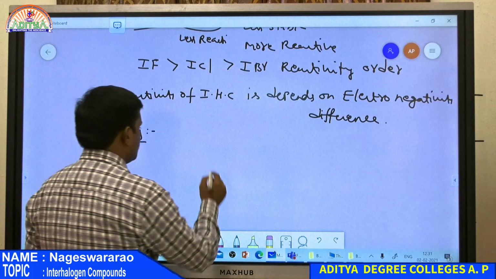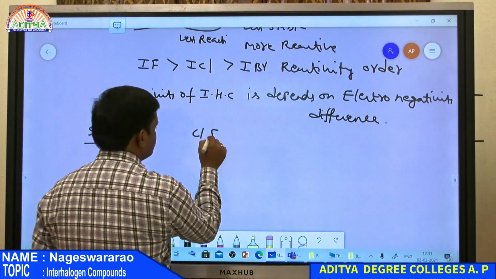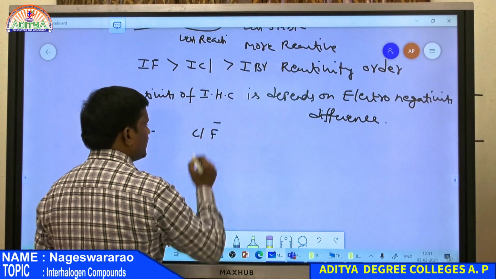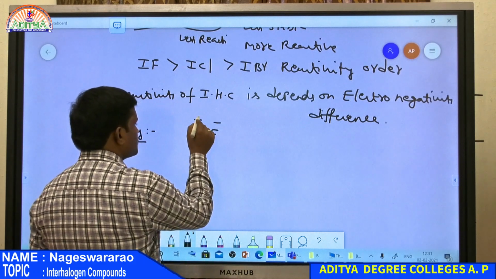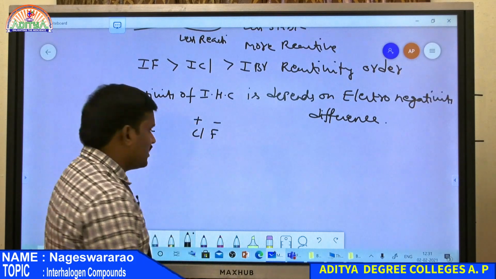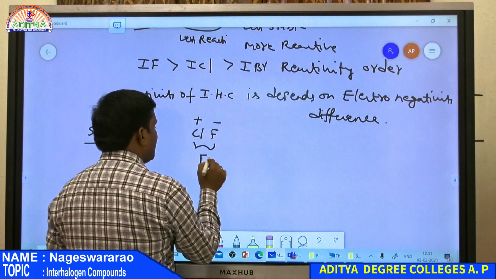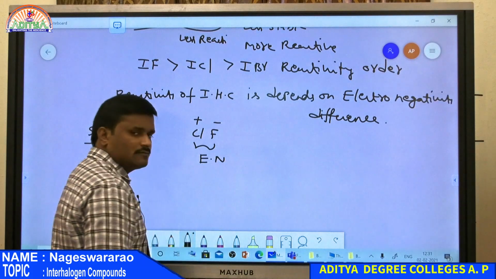So look at the example of ClF. In this case, Cl has more electronegativity, that means it has the negative sign and the other is positive. But here both are halogens, both having the highest electronegativity.